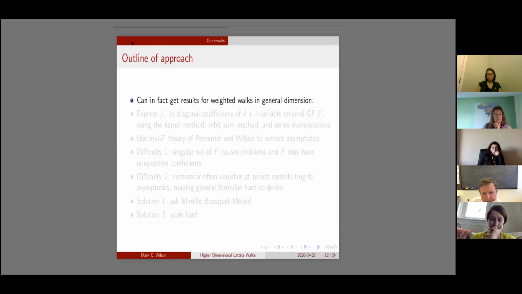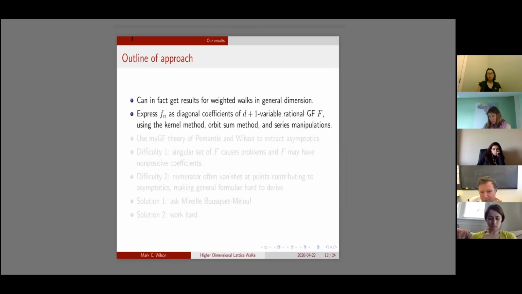So the outline of the approach is that it turns out that we can actually get more general results. We can get weighted walks, which allows us to give positive weights to steps so that we could think about probability and random walks, for example. We express the values that we want as diagonal coefficients, so on the leading diagonal of some much larger dimensional object, but it's rational.